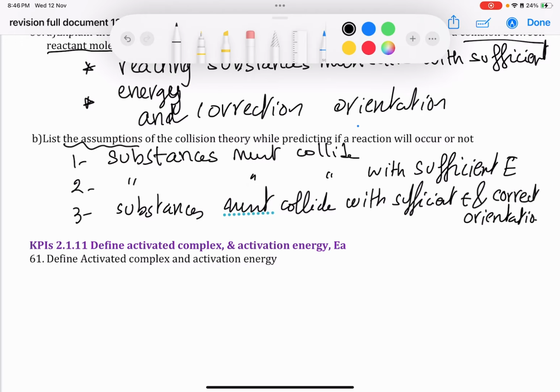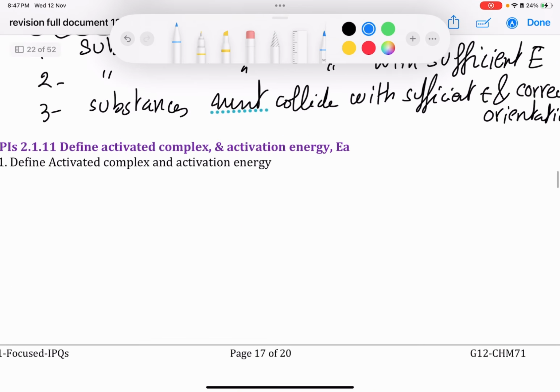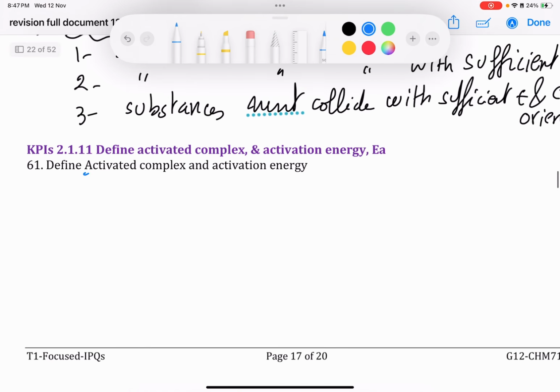By orientation, I mean the place where they hit must be in the right place for the bonds of reactants to be broken in order to form new bonds. And now we reach what we call the activated complex.